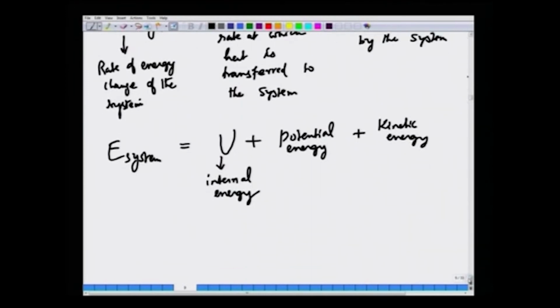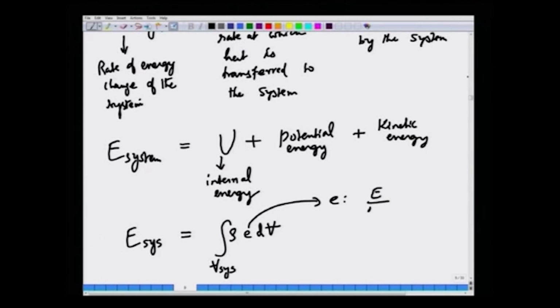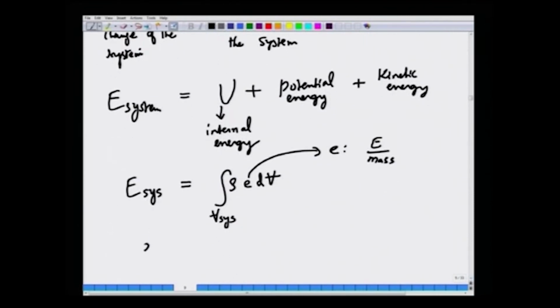Now, we want to use Reynolds transport theorem to convert the rate of change of energy of the system to the rate of change of energy in the control volume. So remember in Reynolds transport theorem, we always write E system as the integral over the volume of the system of rho e dV, where small e is energy per unit mass, the total energy per unit mass. So small e is nothing but the internal energy per unit mass plus the kinetic energy per unit mass. Kinetic energy is half m v squared.